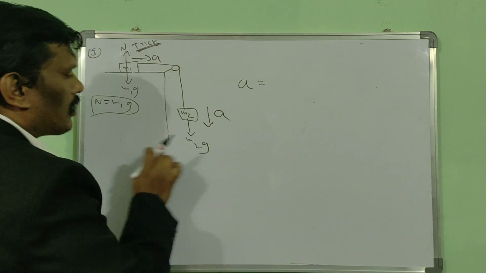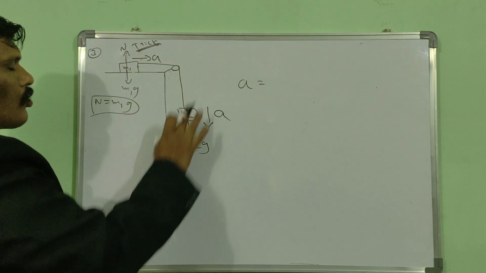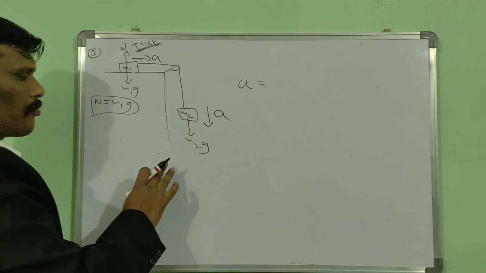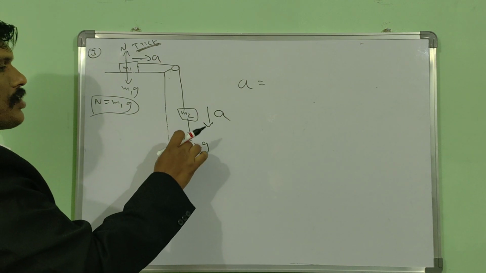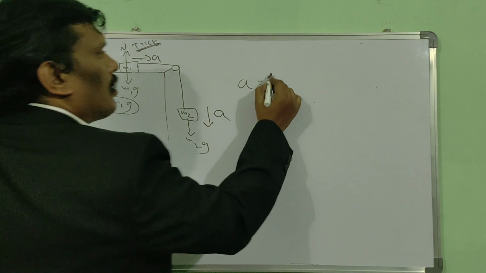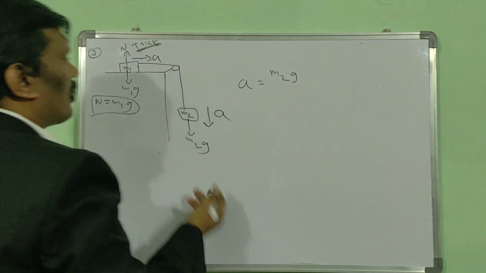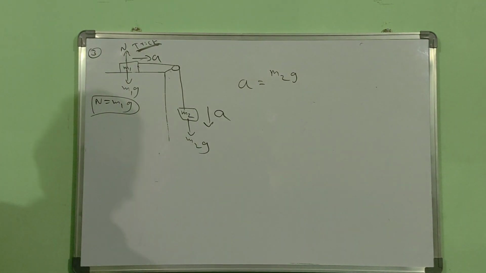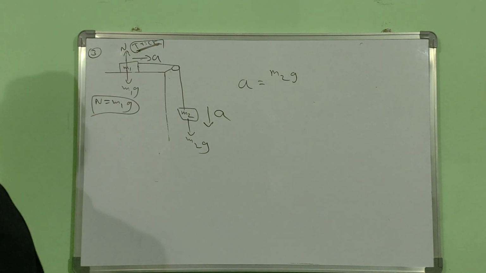Then what is the net weight acting on the system now? Only one. What is that? M2G in the direction of acceleration. We are not going to consider M1G, because it is balanced by the normal force. That is the trick here.